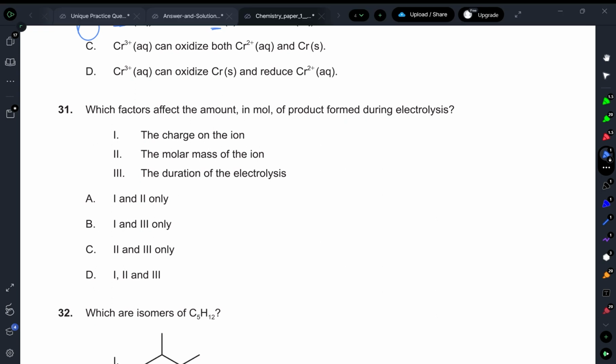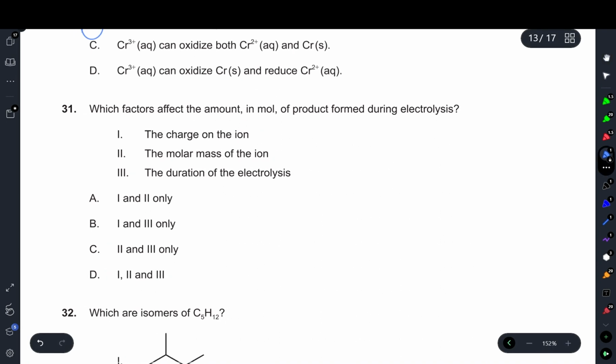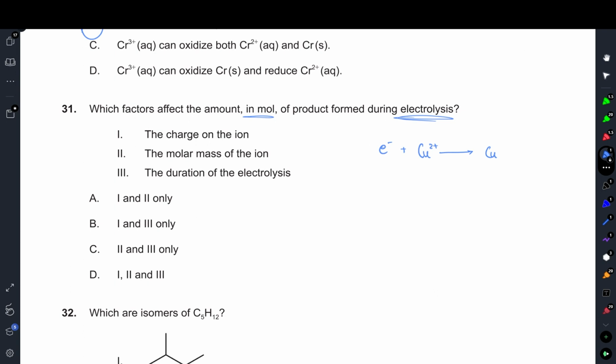Question number 31. Which factors affect the amount in mole of the product formed during electrolysis? So let's go ahead and think about this. In electrolysis, electrons are added to a particular ion, let's say Cu2+ in this case, forming the metal Cu. So obviously you see here that the number of electrons that have to be added to the ion defines the amount of compound that will be formed.